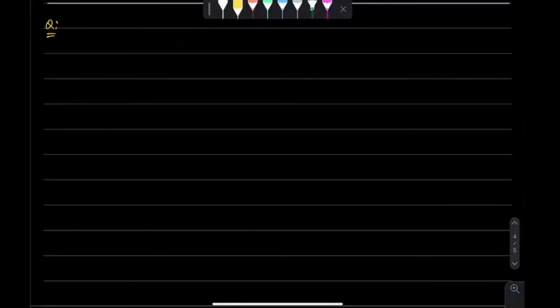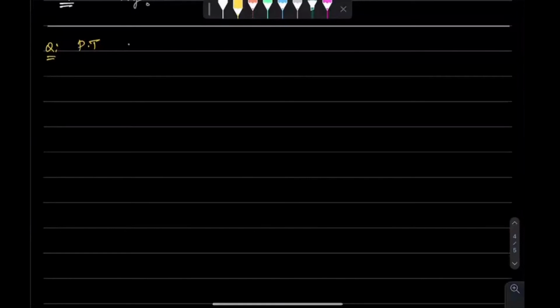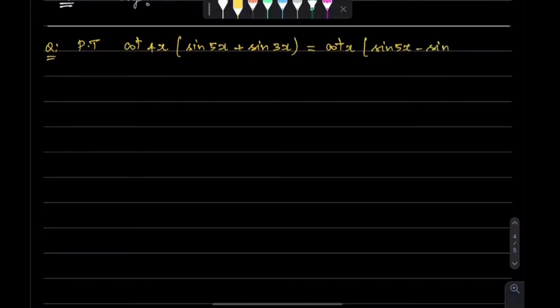Let's do this. It's a nice question. Prove that cot 4x into sin 5x plus sin 3x is equal to cot x into sin 5x minus sin 3x.